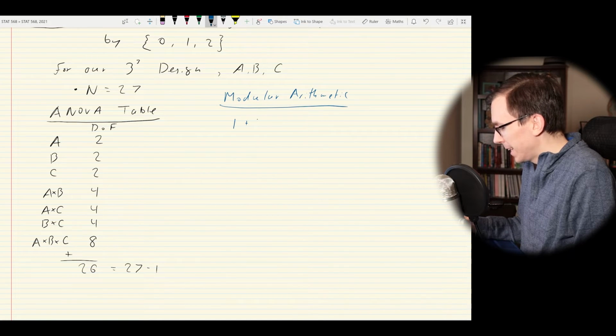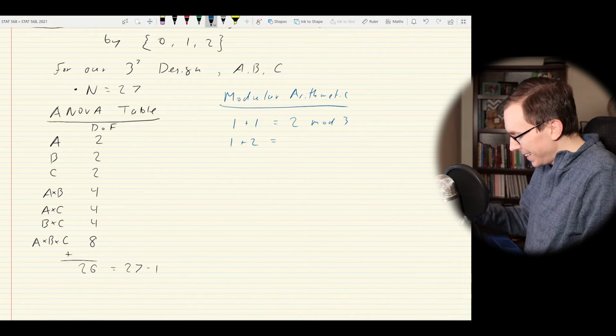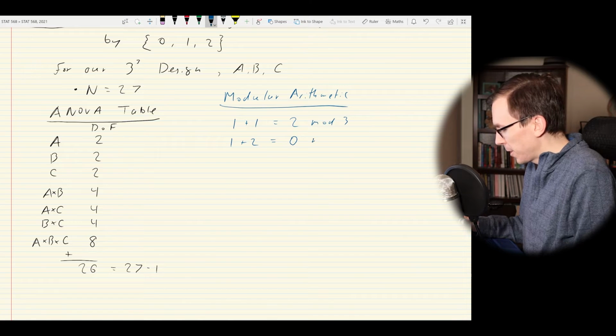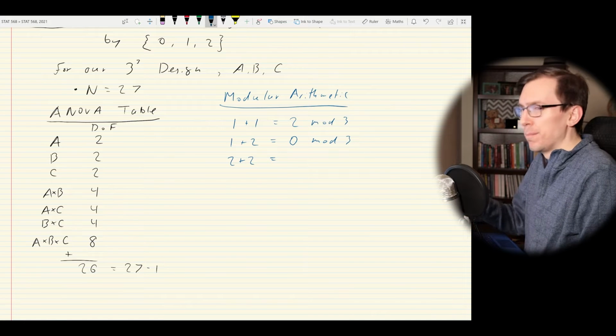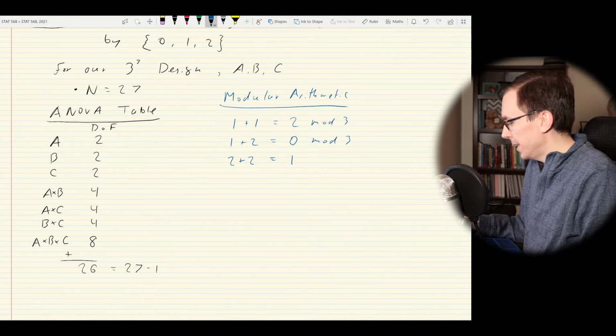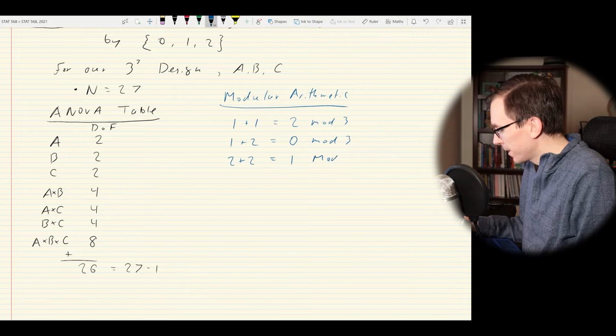So if I have something like 1 plus 1, that's just going to be 2 mod 3. But if I have 1 plus 2, that's going to be 3, but 3 mod 3 is just going to go back to 0 again. And similarly, if I have 2 plus 2, that's going to be 4, but mod 3 means I would subtract 3 and I would get 1 mod 3.